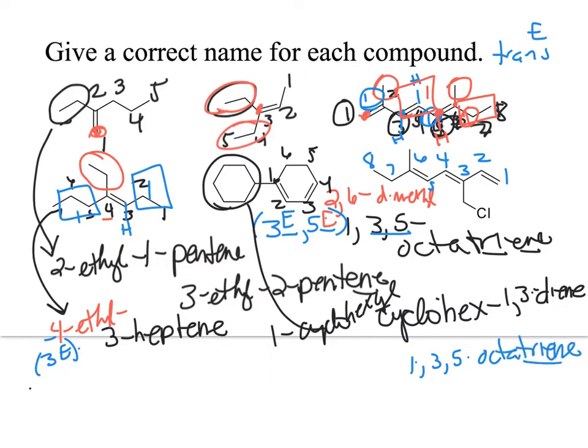So there's 3 double bonds there. Our substituents are a methyl and a chloroethyl. So we'll do 3-chloroethyl-6-methyl for that, and that's alphabetized. The C comes before the M.